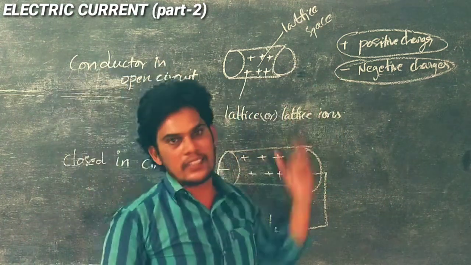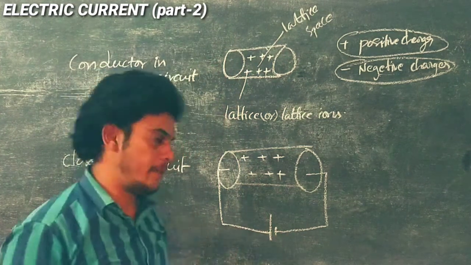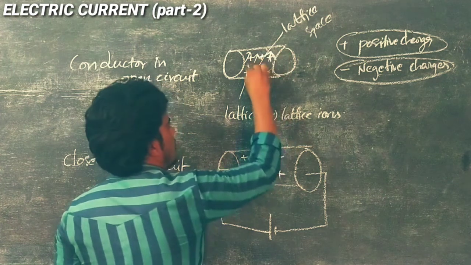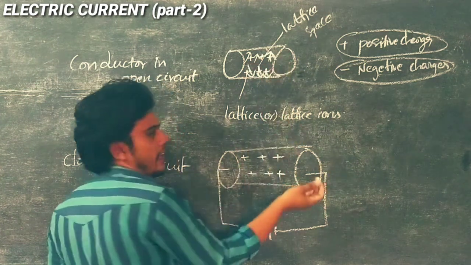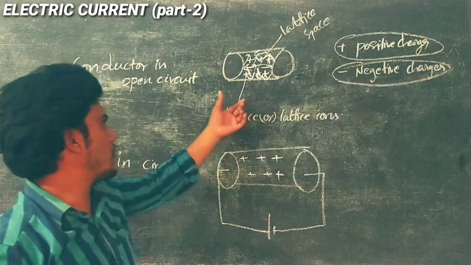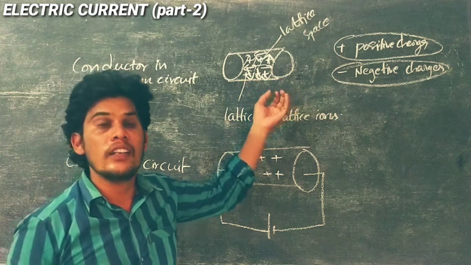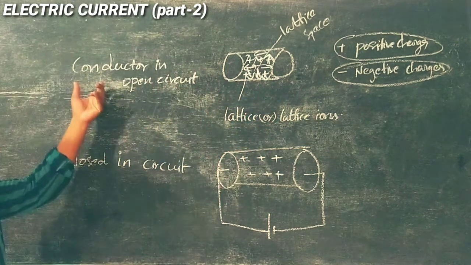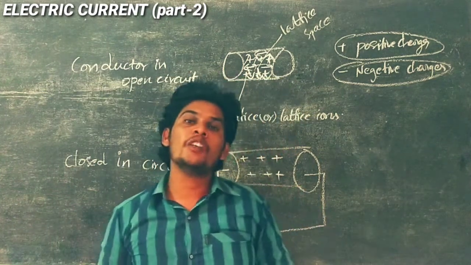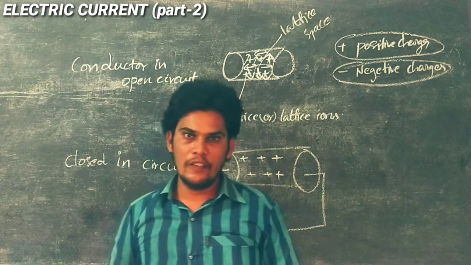So these negative charges move in the conductor in a random way. Some electrons move up, some move down, some move from left to right. I would like to compare the flow of electrons in the conductor when it is open in circuit, not connected to the battery, to a classroom without a teacher.